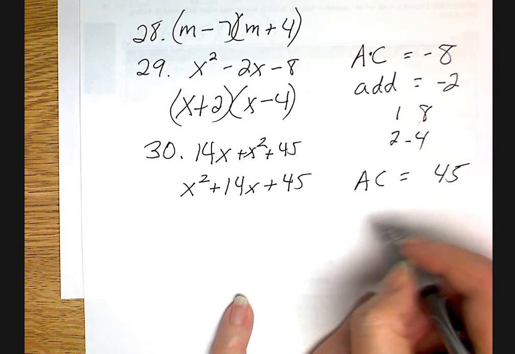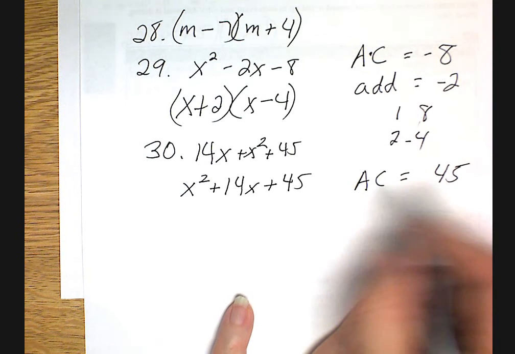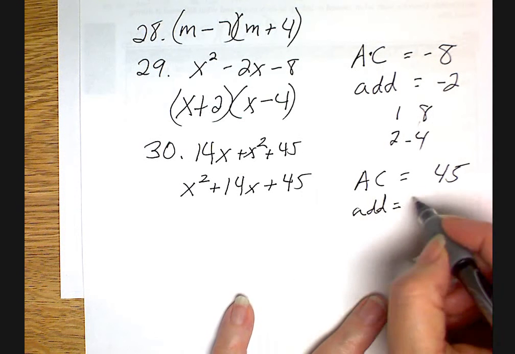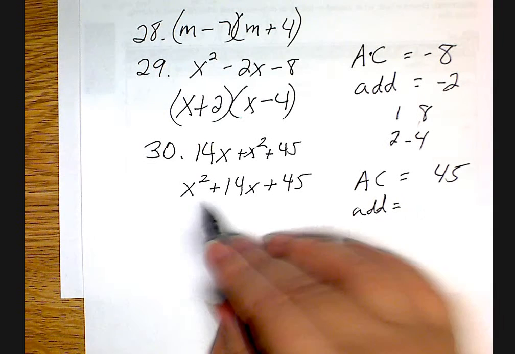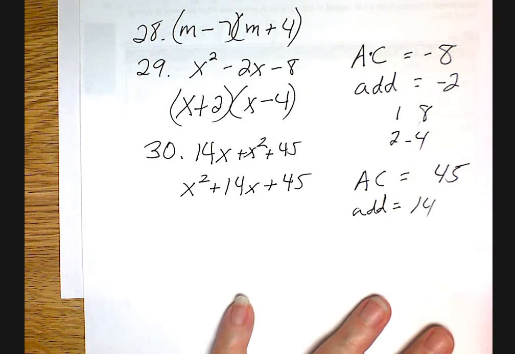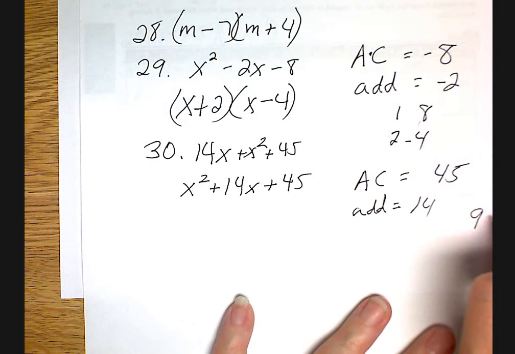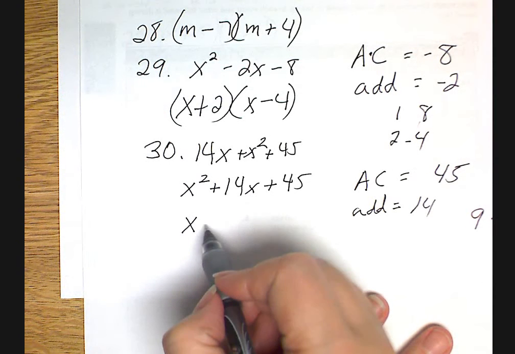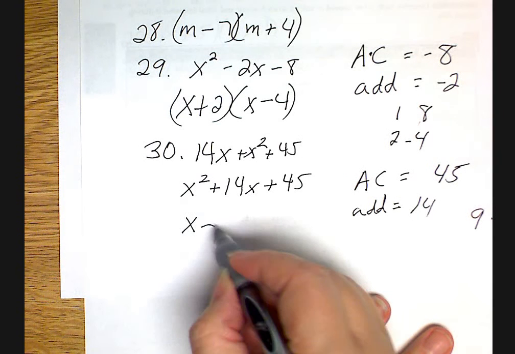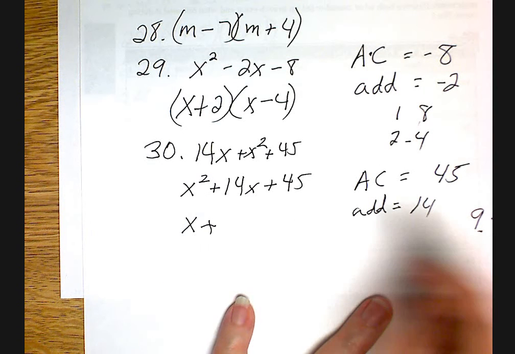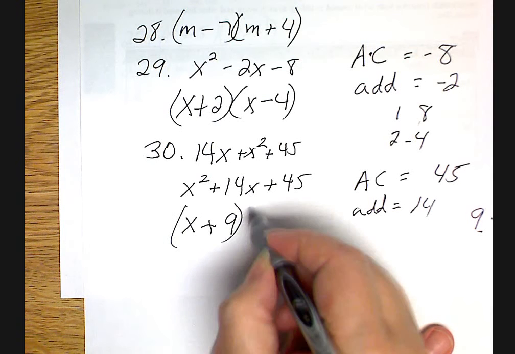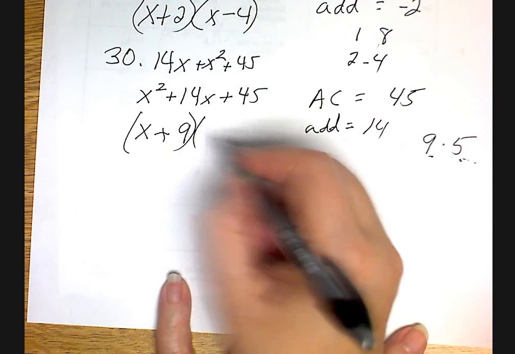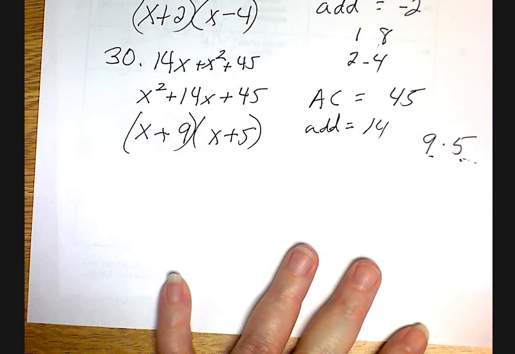So we're looking for two numbers that multiply together to give me 45, that when I add them give me 14, right? And that's 9 and 5. All right. So what's our final answer? So it's x plus 9. Oh, sorry. So x plus 9 and then x plus 5. So you're always putting that back in.